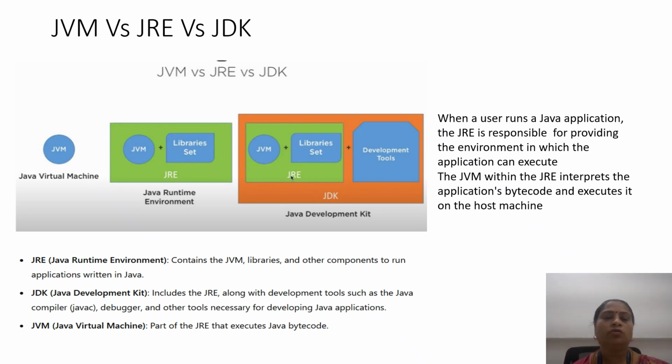Once you start working, you come to know the JDK kit. Inside this JDK kit, you have the JVM, libraries, and developer tools. The Java runtime environment is composed of the JVM and libraries. Together, we call this the Java runtime environment.